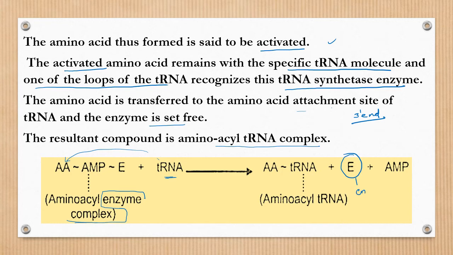The enzyme is released, and this enzyme again reacts with another inactive amino acid. The AMP, adenosine monophosphate, reacts with a phosphate molecule and forms first ADP, and then reacts with another phosphate to become ATP for further usage.